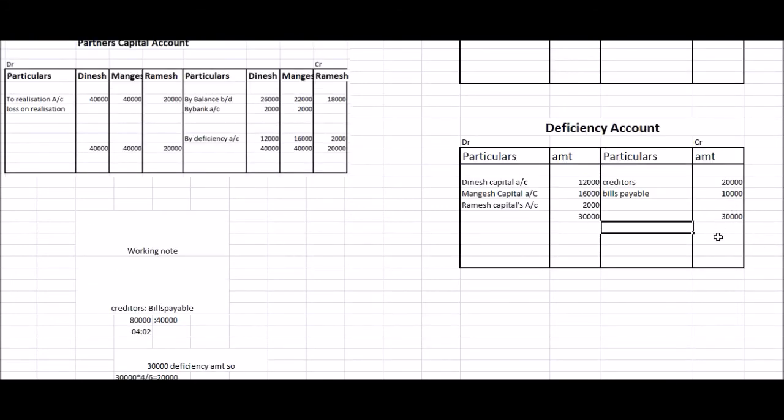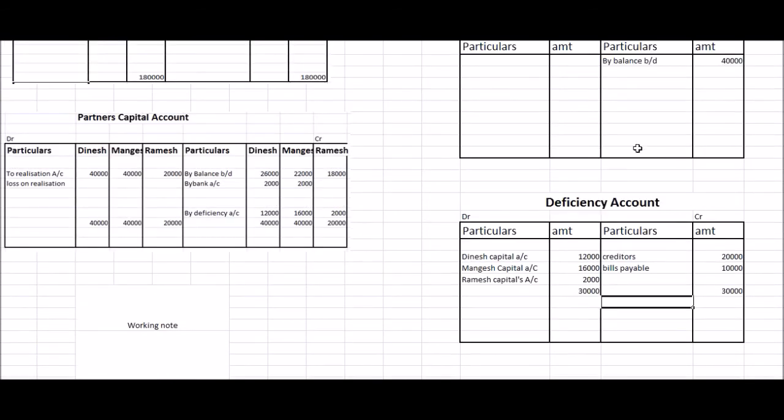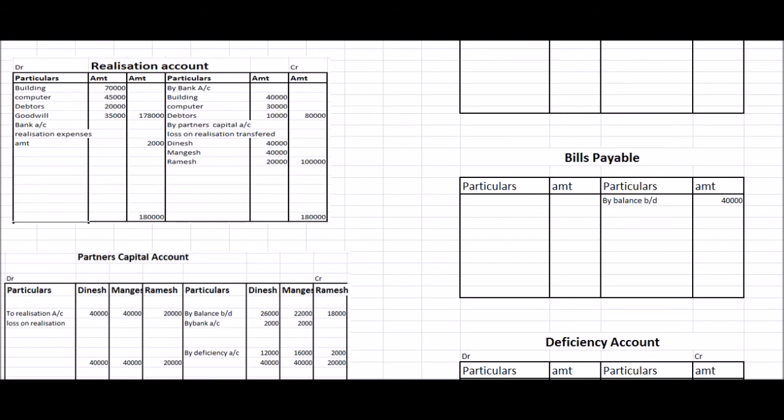Creditors amount is 20,000 rupees, and bills payable is 10,000 rupees. So the total deficiency amount is 30,000 rupees. And the creditors amount and bills payable amount will also come in the bank account.